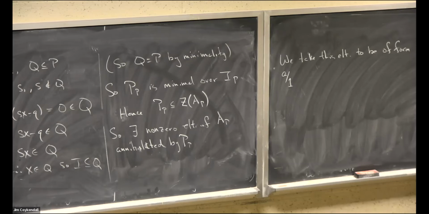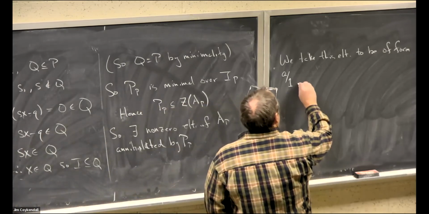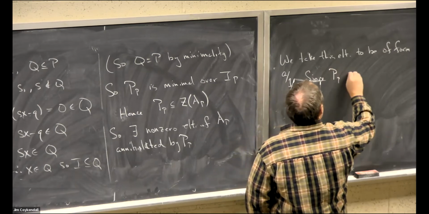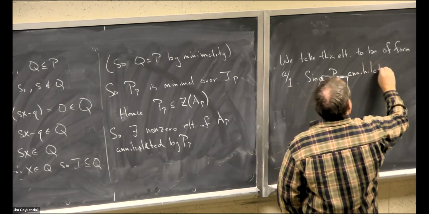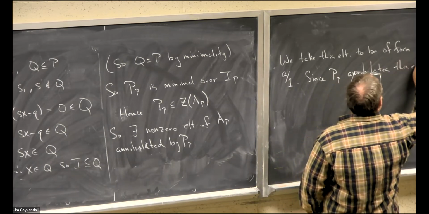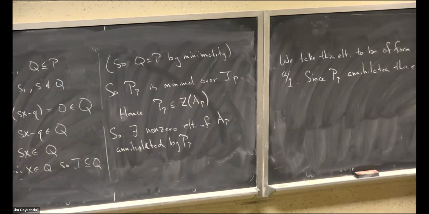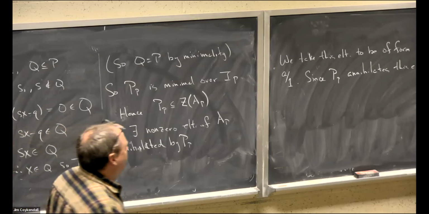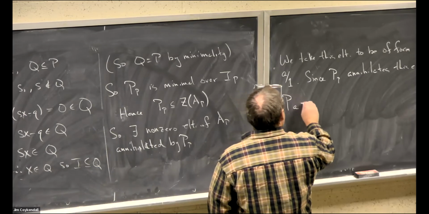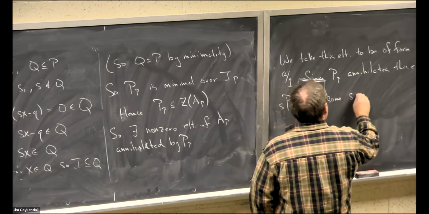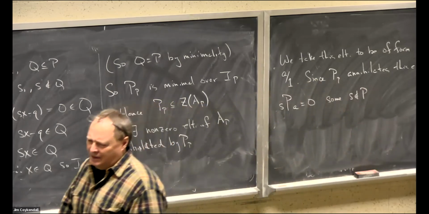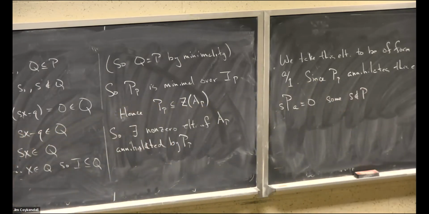And since P localized at P kills this element, we have in fact that SPA is 0 for some S not in P. So we can write B as SA, and I claim that P is exactly the annihilator of B.